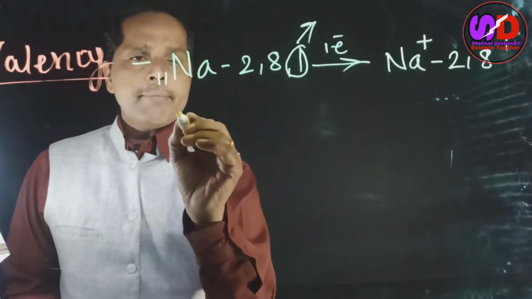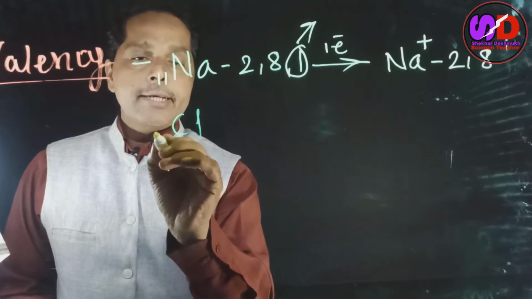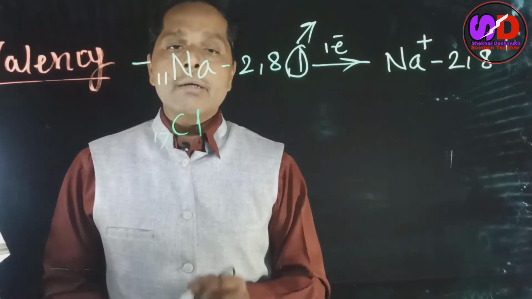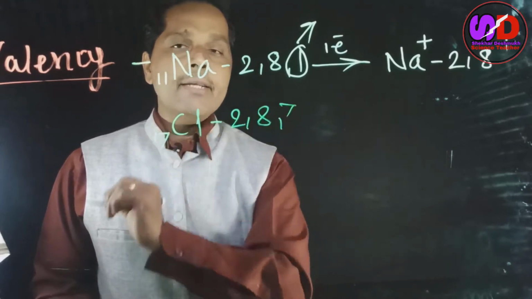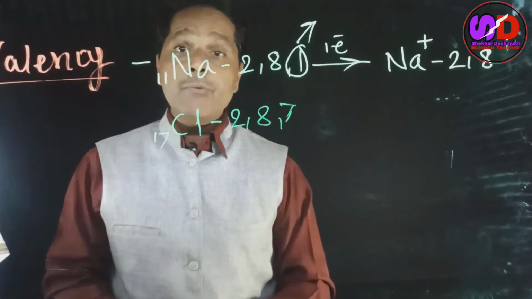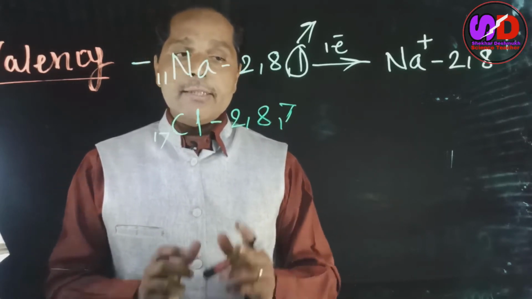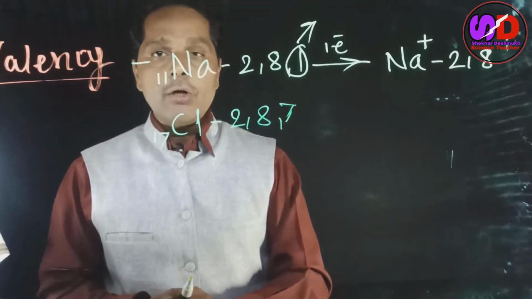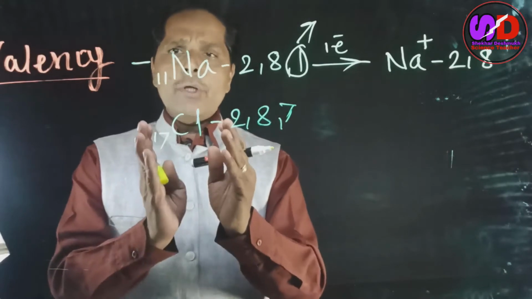Let us take another example of chlorine. Cl has atomic number 17, so electronic configuration 2, 8, 7. Again ask the same question to yourself. Whether it is easy to take 1 electron or give 7 electrons.